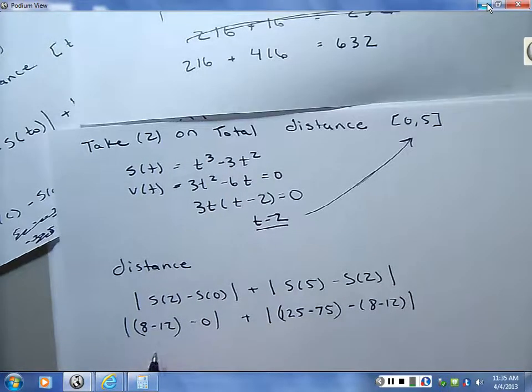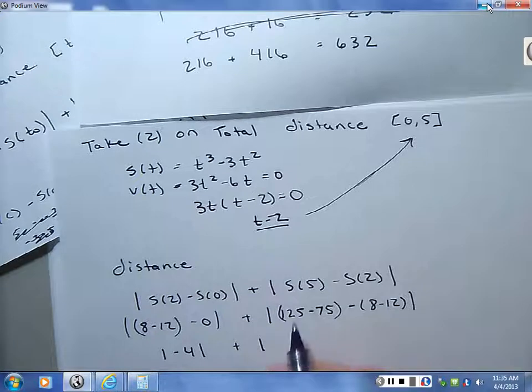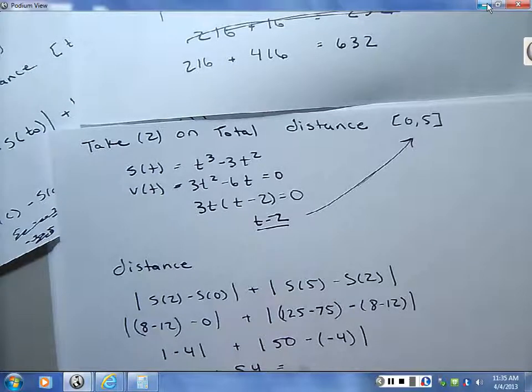So this would be minus 4 plus 50, right? So 75 minus a minus 4. So this would be 4 plus 54. So 58.